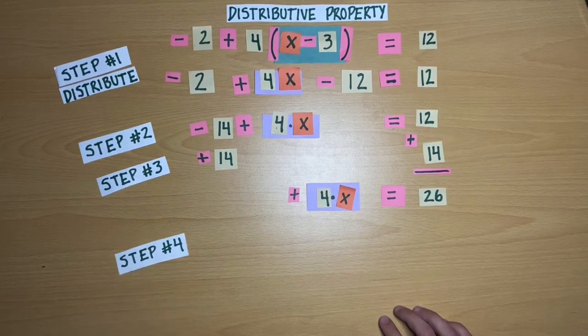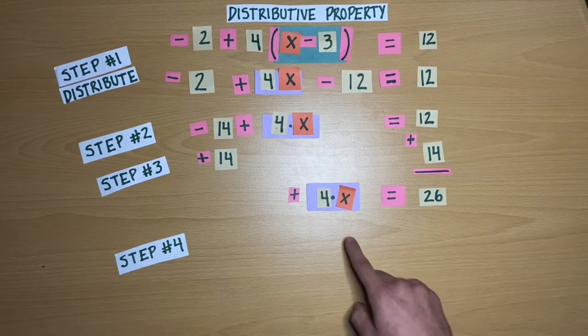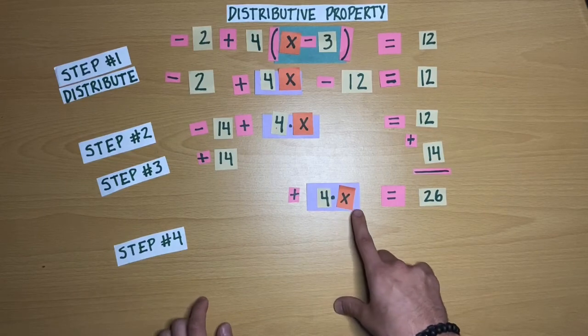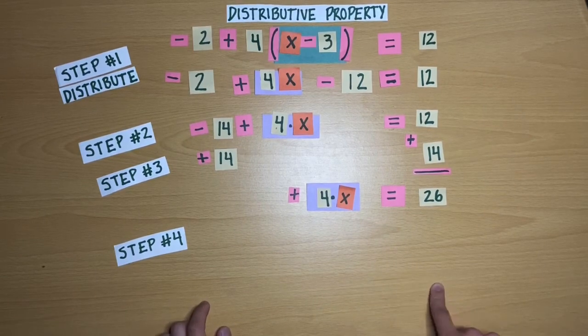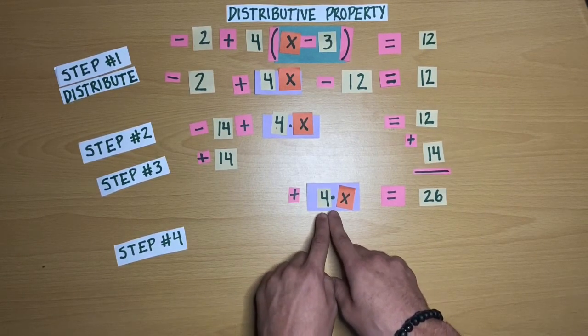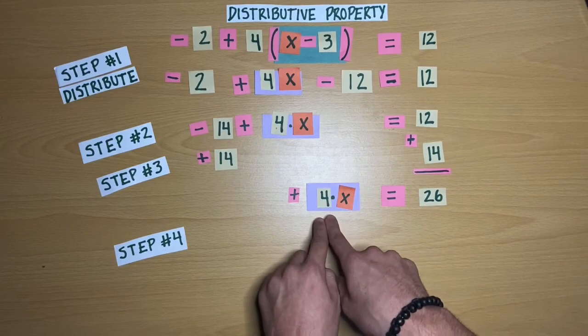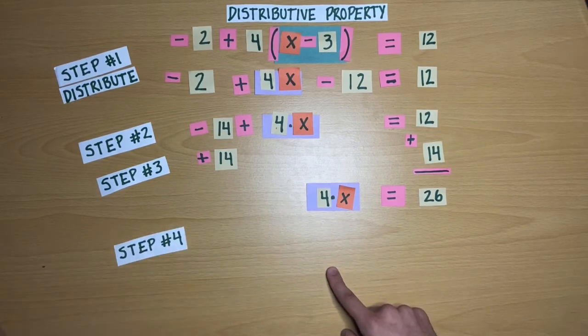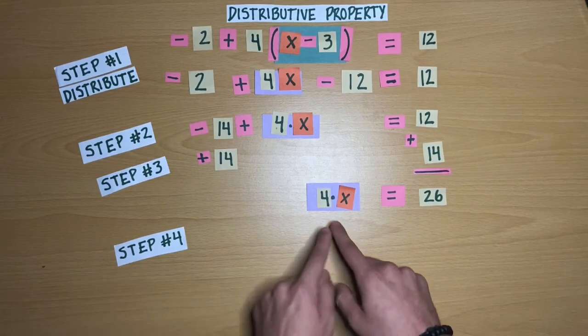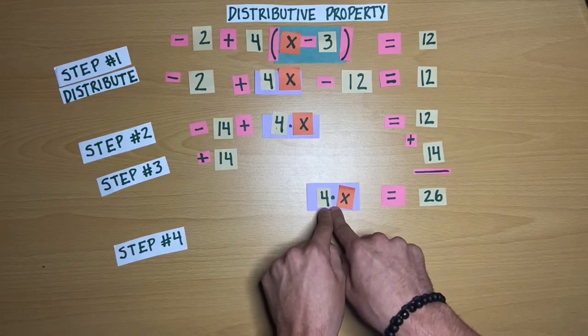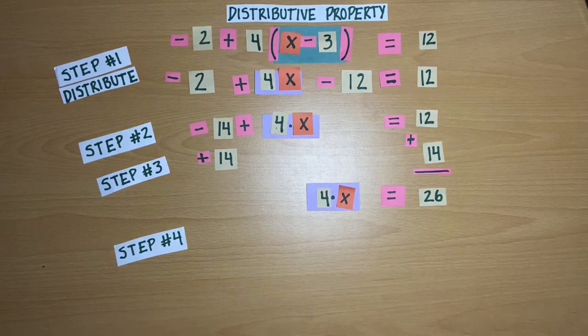So finally, step number 4 is just to get the x by itself, to get x equals something. So the 4 is attached to the x, so we must do the inverse, and I'll actually move this now that we know that this is positive. The inverse of multiplication, because it's 4 times x, is division.